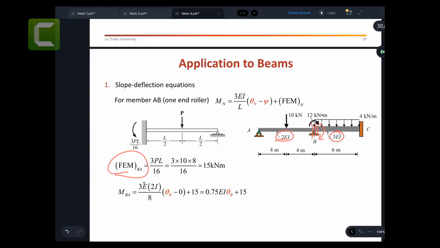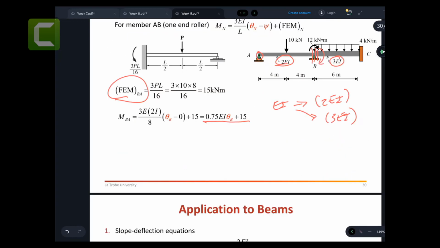So you need to make sure that you substitute that EI. Like if you have EI, then you replace this EI by 2 EI or 3 EI, depending on the given. So that's what I replace. Theta A is 0 because there is nothing here. There are no settlements here. So 0. So you get this MBA.